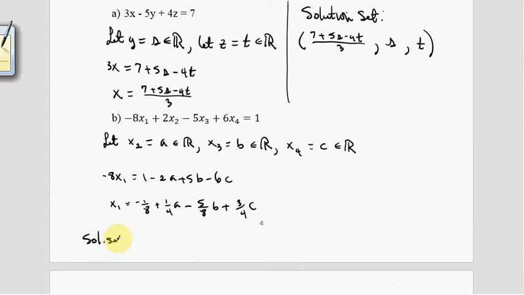And so our solution set would be the choice for x sub 1, negative 1/8 plus 1/4 a minus 5 over 8b plus 3/4 c, comma, x sub 2 is a, comma, x sub 3 is b, comma, x sub 4 is c.